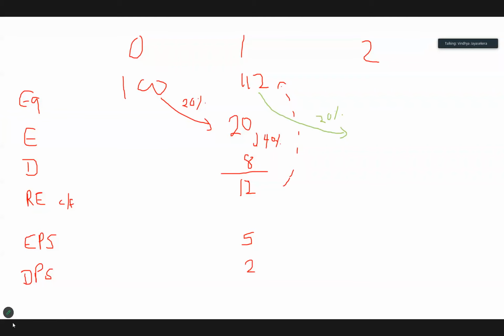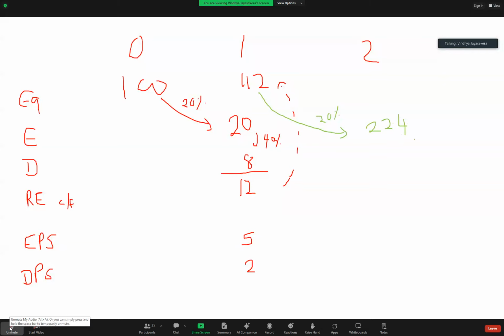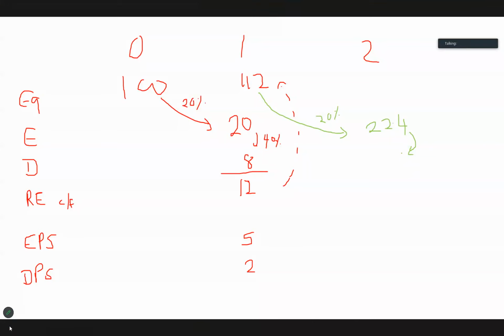So to get a 20% return, your earnings will be 22.4. And out of that, 40% dividends will be paid out. So how much is that? 8.96. And you're left with 13.44 retained earnings, which will add on to your equity, right?